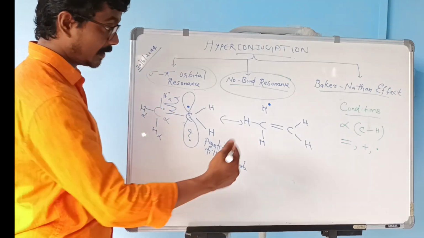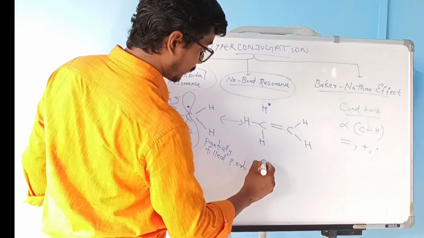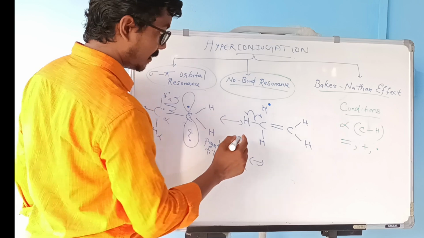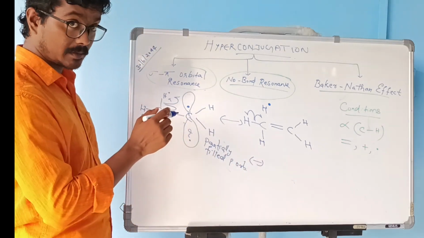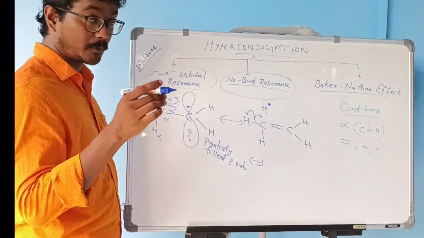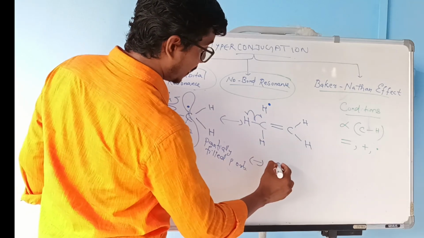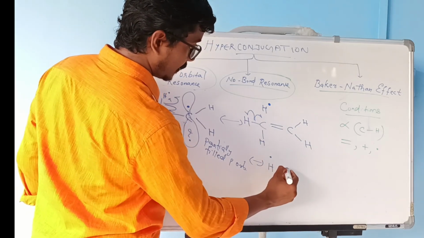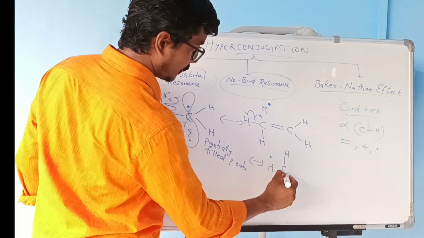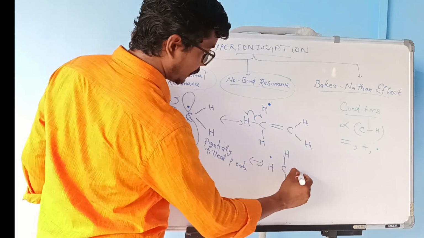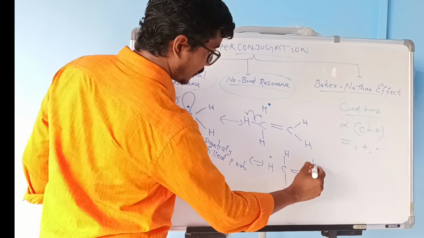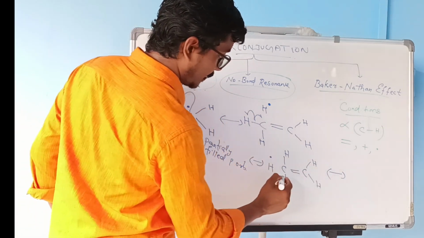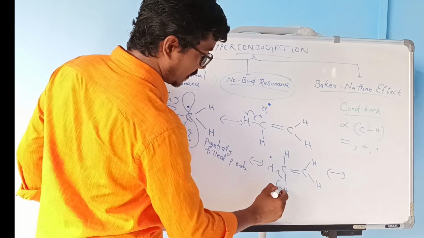right. And the next is this will come here and this will come here. So see the arrow. The head of the arrow is not full, right? So what will be the structure? And which is again moving. This will come here and this will come here.